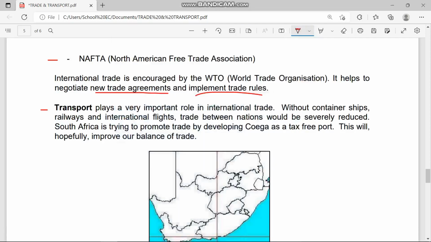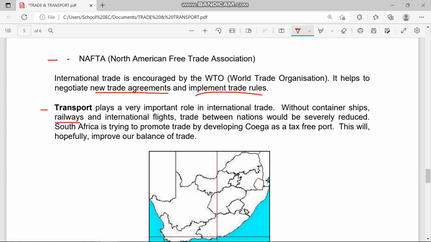Without container ships, railways, and international flights, trade between nations would be severely reduced. Without these transport routes, these railways, these international flights, as I explained, trade between the countries will be limited. That's what this sentence basically means.